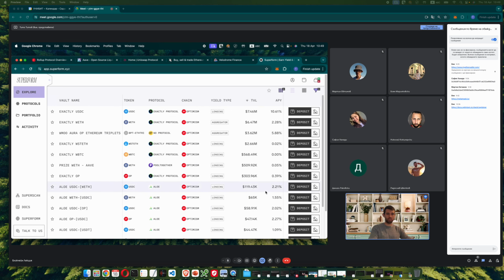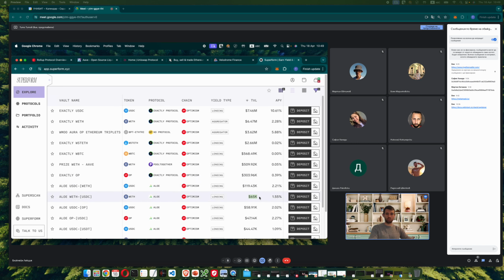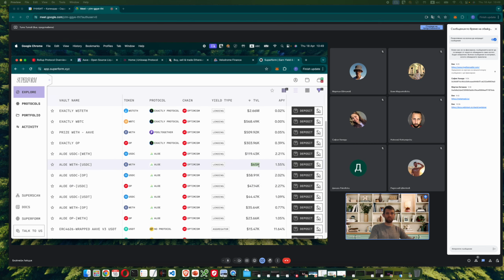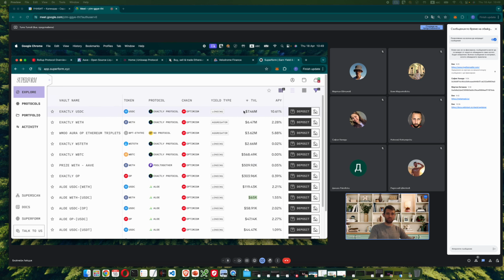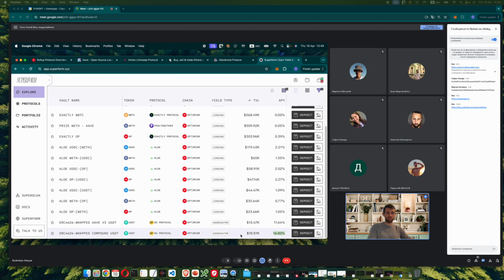And yeah, you can deposit whenever the profit is the best, but it's not only the profit that is important, but the total value locked. You can see that here it is 7 million, so it's not a lot, but it's relatively safe. But for example, in this protocol there is only 65K, which means that the pool can be manipulated and it's not that safe. So if you're looking to earn some profits, take a look at the total value locked as well, because here is 10% on a total value locked of 7.46 million, and here you can make up to 16%, but the total value locked is only 10K.